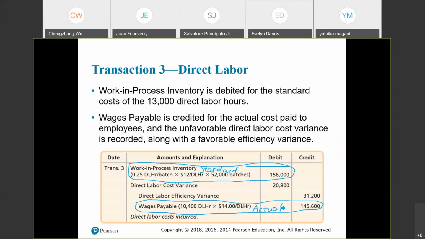So this part, the unfavorable cost variance, should be debited. And another part is efficiency variance, which is favorable and should be credited. So we credit direct labor efficiency variance for $31,200.